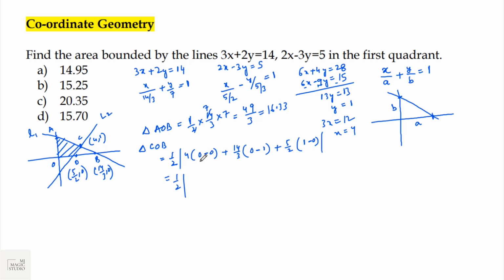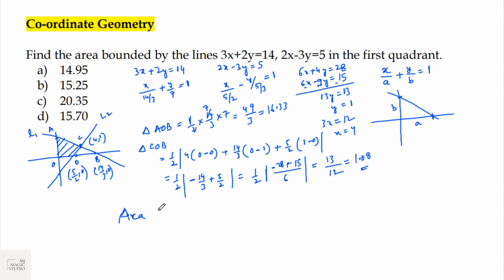That will be half of 0 minus 0 is 0. This is minus 14/3 plus 5/2. Half of mod (6 - 28 + 15). So this will give us 13/6. So that would be 13/12 square units, 1.08.